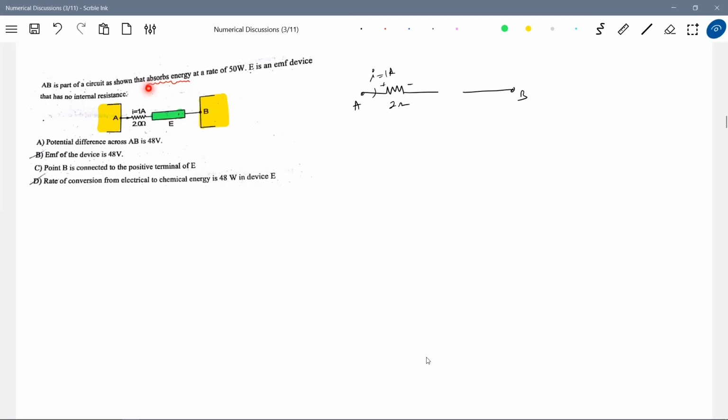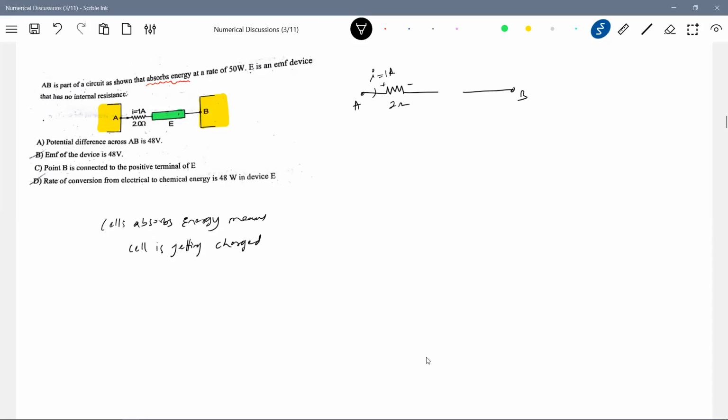For that, the word absorbs is what will help. So tell me, what do you mean by absorbs? The cell is getting charged. So absorbs energy means the cell is getting charged.